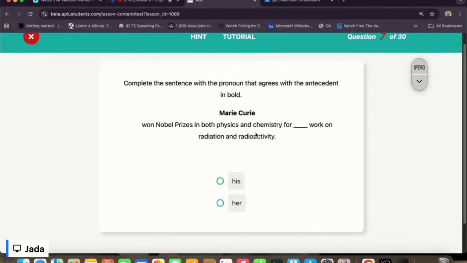Then, Marie Curie won Nobel Prizes in both physics and chemistry for her work on radiation and radioactivity. His or her?